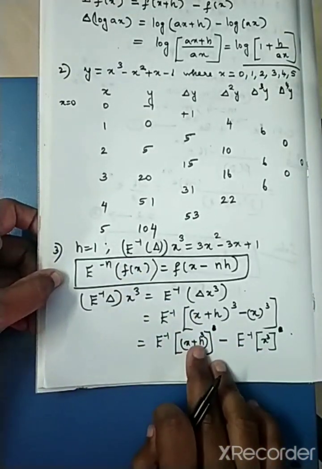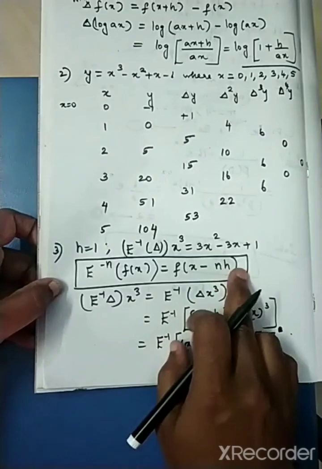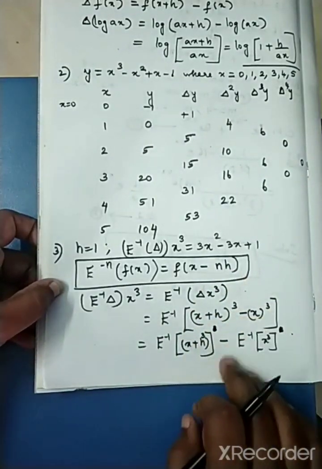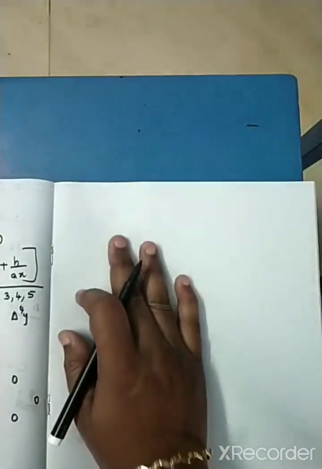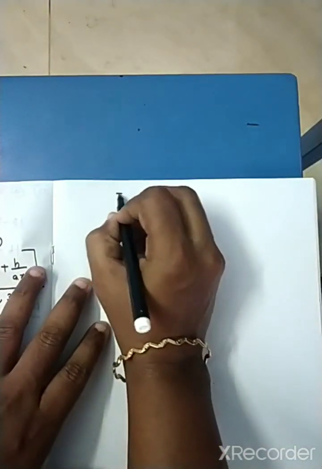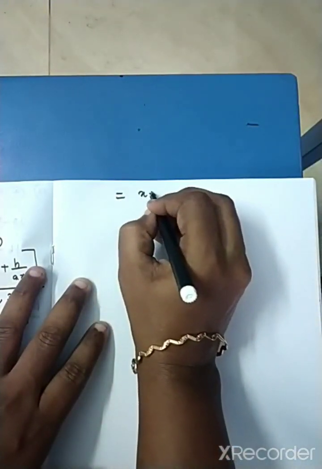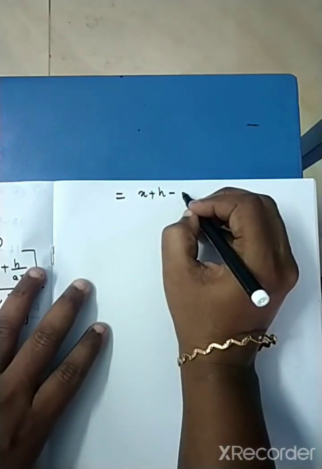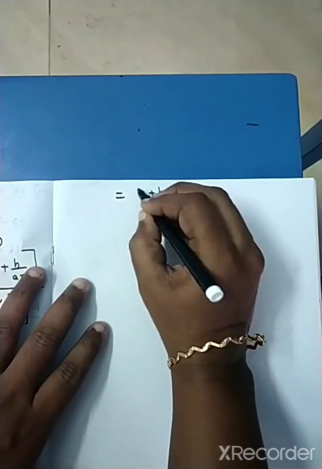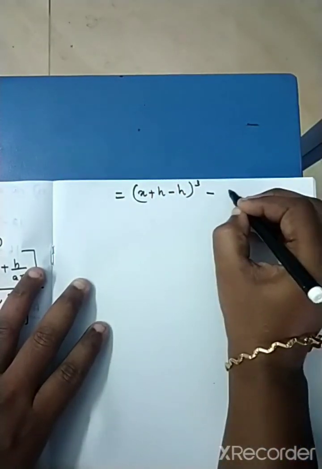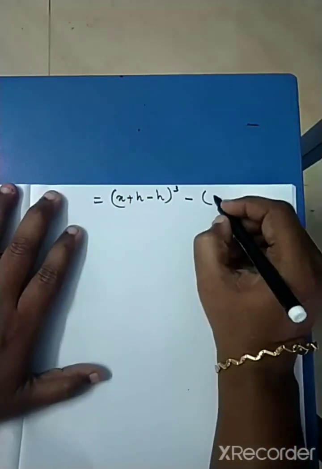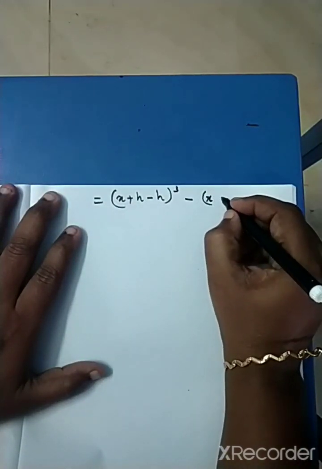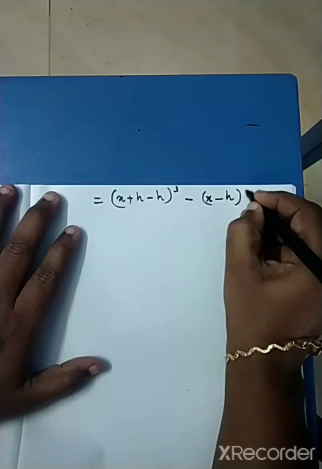So E minus x minus nh. So x plus h minus h the whole cube. Okay, so what is this? First portion, that will be x plus h minus nh. So there is one h here, the whole cube, minus, coming here, instead of x plus h I will only have x, and then there is one h here.